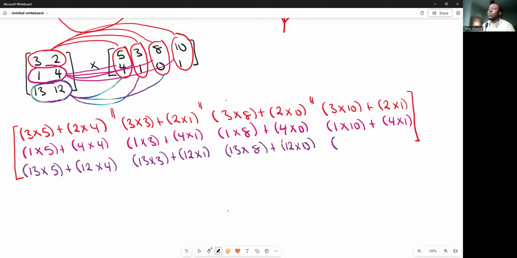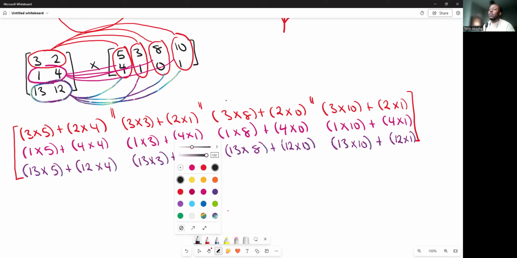Then we'll go to the last one, which is now 13 times 10 plus 12 times 1. Now we're done with that. The next thing you have to do now is to just plug this into the calculator. All right. So we just plug this into the calculator now.